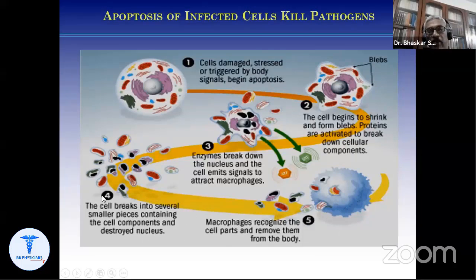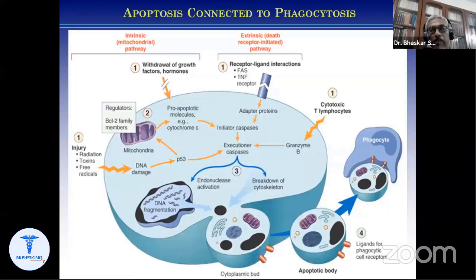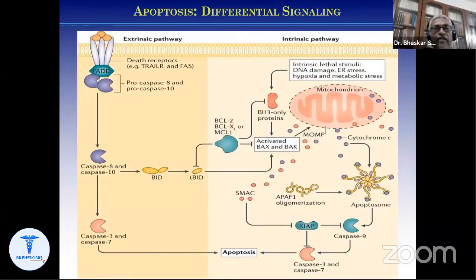And then these debris are recognized by the macrophages, and they engulf these apoptotic cells. And this is where, by these different intrinsic pathways or the extrinsic pathway, apoptotic cells release the apoptotic bodies, which are cleared by phagocytes by phagocytosis. And apoptosis we have already discussed. These are just different proteins.